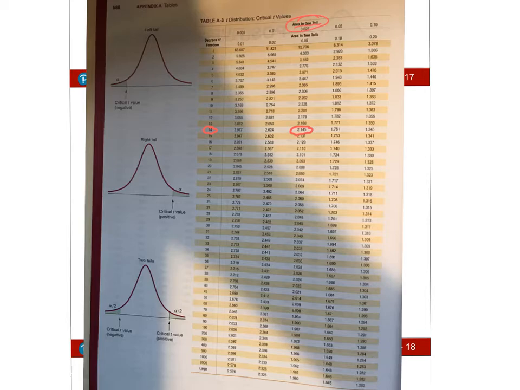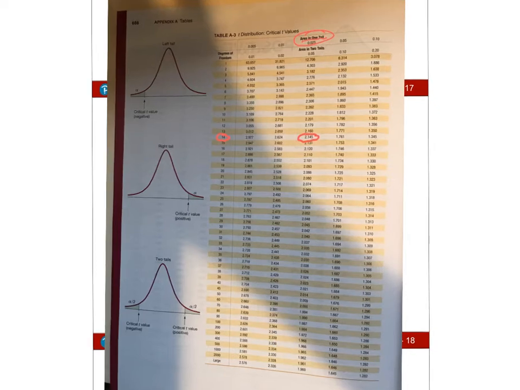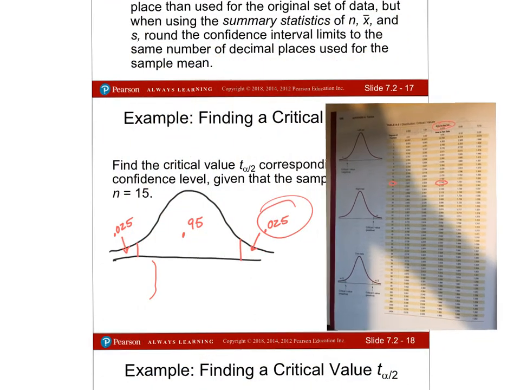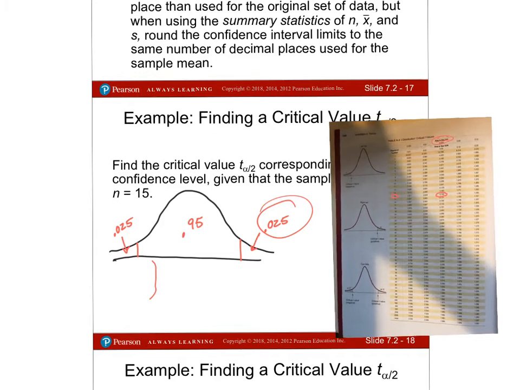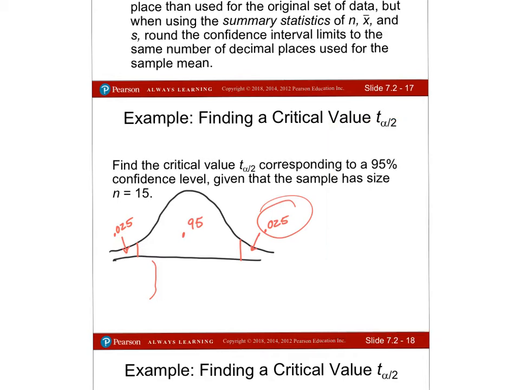So t equals 2.145. That's the t that we will use if we're creating a 95% confidence interval when our sample size is n equals 15.